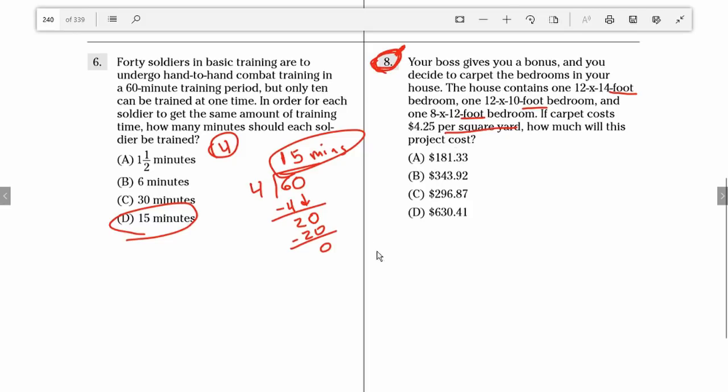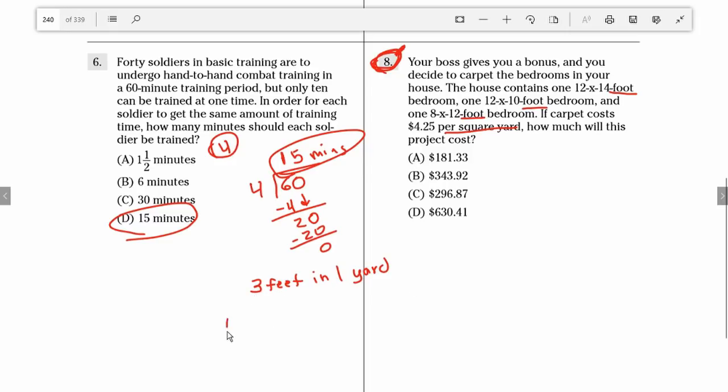So what I want to point out first is this, and I'm going to do it over here in this blank space that I have. We're told that it's $4.25 per square yard, but we're given everything in feet. We know that there are 3 feet in 1 yard, and we know we're going to be dealing with area. How many square feet are there in 1 square yard?